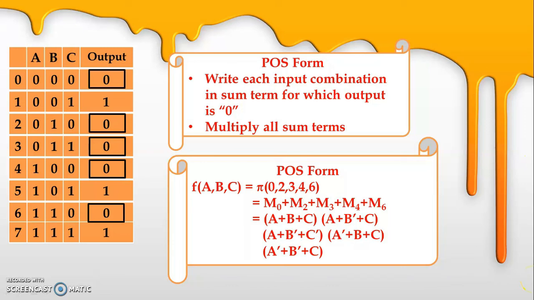So A + B' + C. For M3, A + B' + C'. For M4, A' + B + C, and at last for M6 we have the 1, 1, 0 condition, so A' + B' + C. So this way we can write the POS form based on the given truth table.